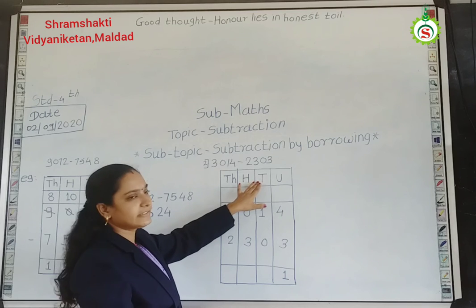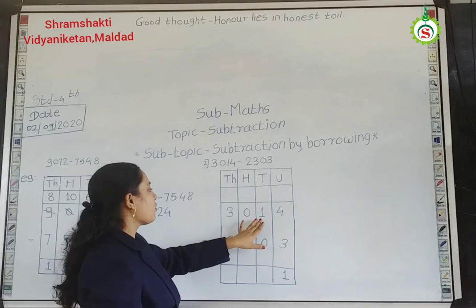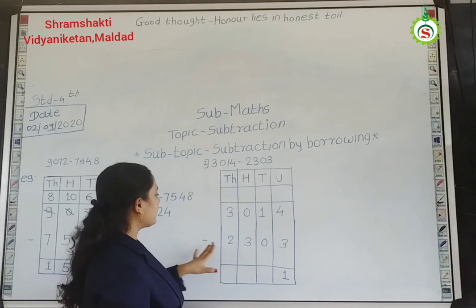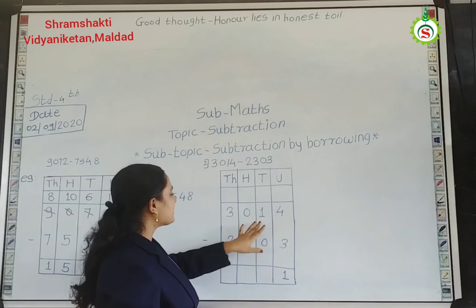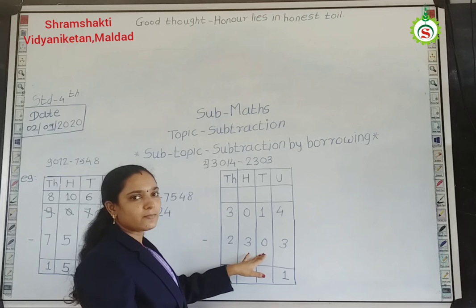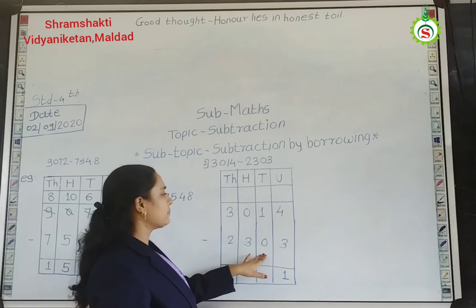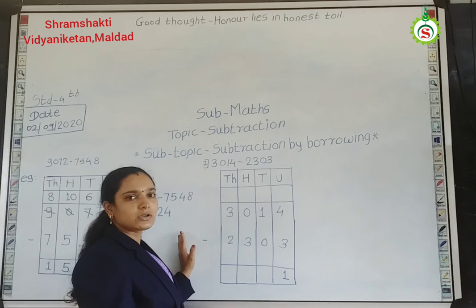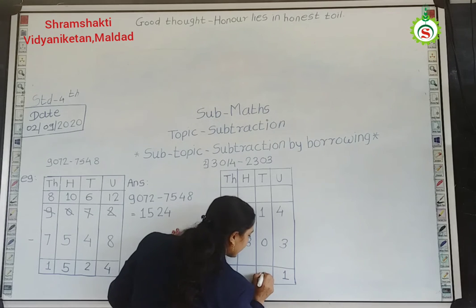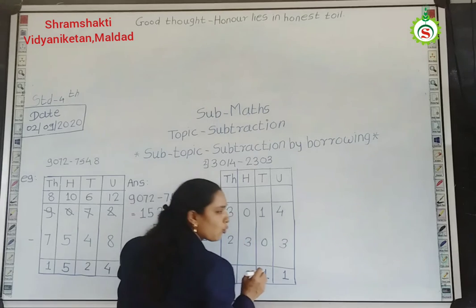Which place? Tens place. Here 1 tens minus 0 tens. Observe here 1 is greater than 0. Therefore subtraction is easily possible. 1 tens minus 0 tens. How much? 1. Therefore write down here at the tens place 1.